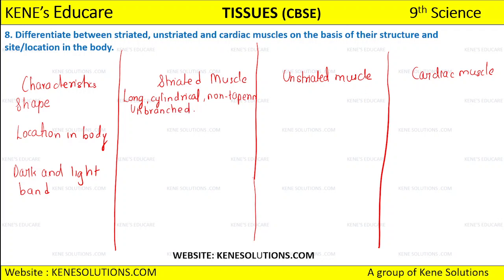Then comes our unstriated muscles. Unstriated muscles are long and tapering. What are they? Long and tapering, and they are also unbranched.